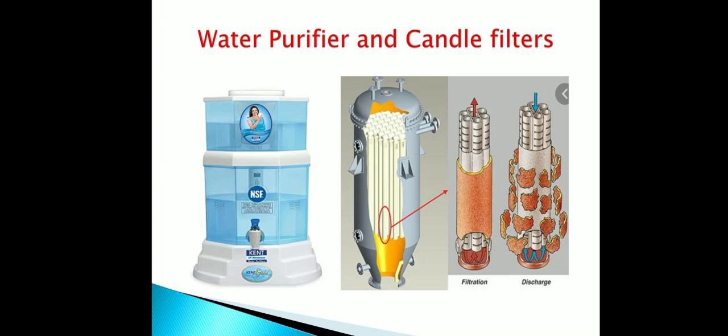Another good example of the filtration process: in our house we always fit a filter for getting pure water, so that we will not get any impurities inside the water. Now you may be seeing the pictures of filters, water purifiers and candle filters.